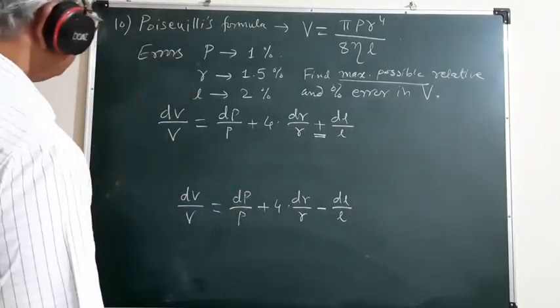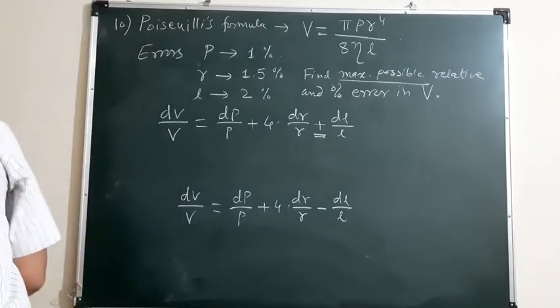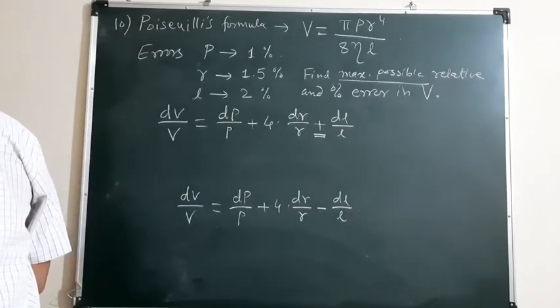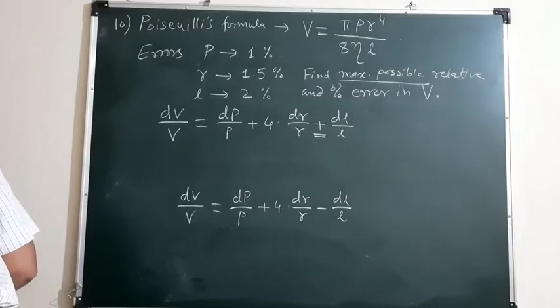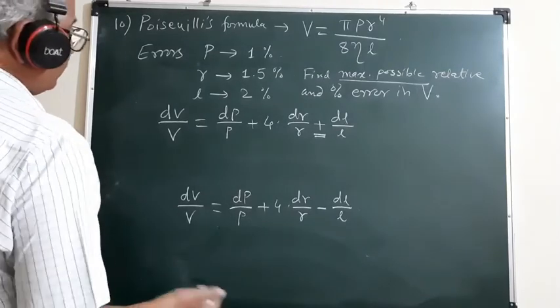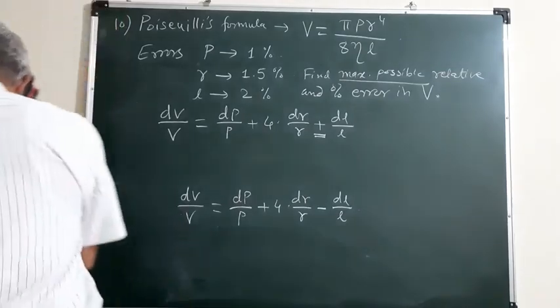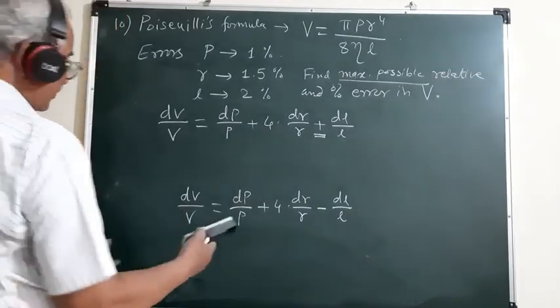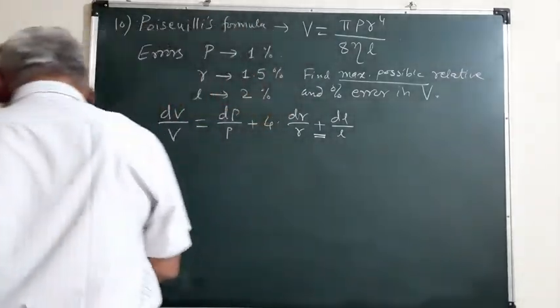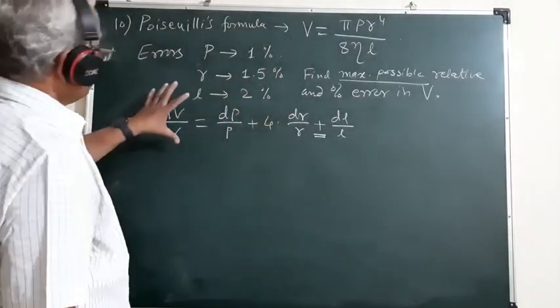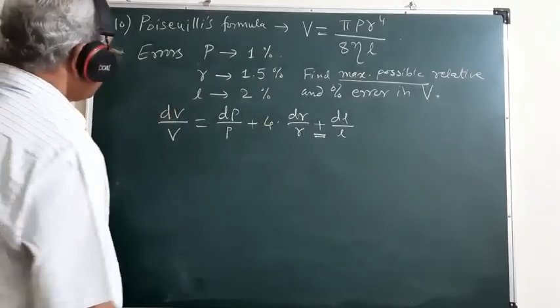So, before multiplying by 100 on both sides of this expression, we can first find out the relative error in the measurement of volume rate of flow.